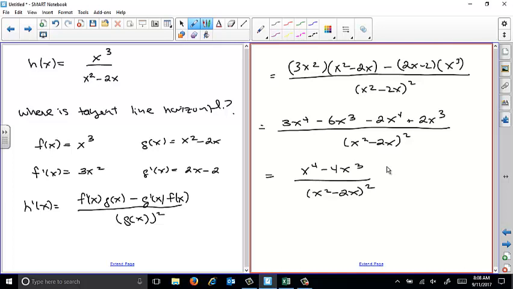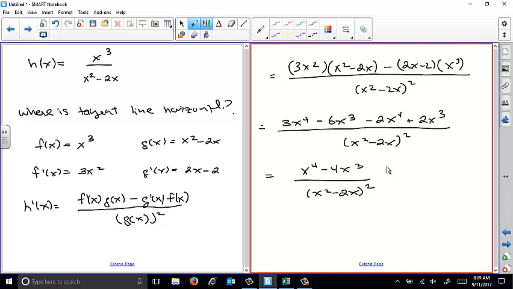So that gives us the equation for the tangent line for the original problem. And where the tangent line is 0 is where the derivative is 0. And when you have a quotient, all you have to worry about is the numerator.